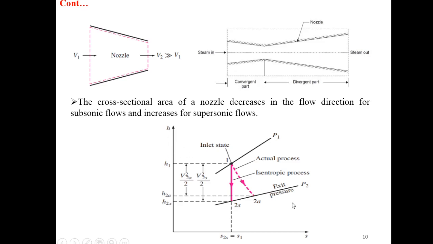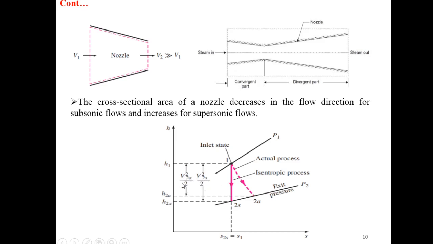This is the Mollier diagram for the nozzle. You can see 1 to s represents the isentropic process, 1 to a represents the actual process. For this, the value is V2a squared by 2, because we are taking per unit mass, and for the isentropic process we have V2s squared by 2.